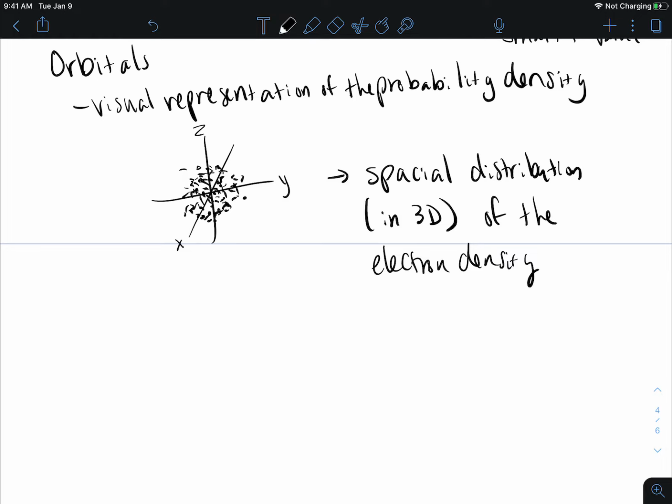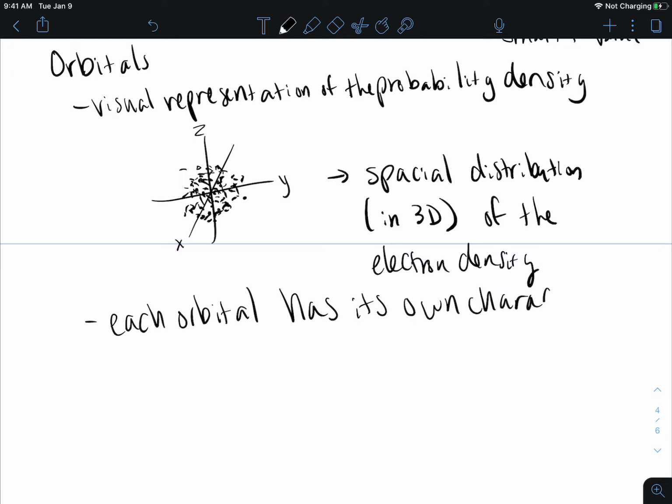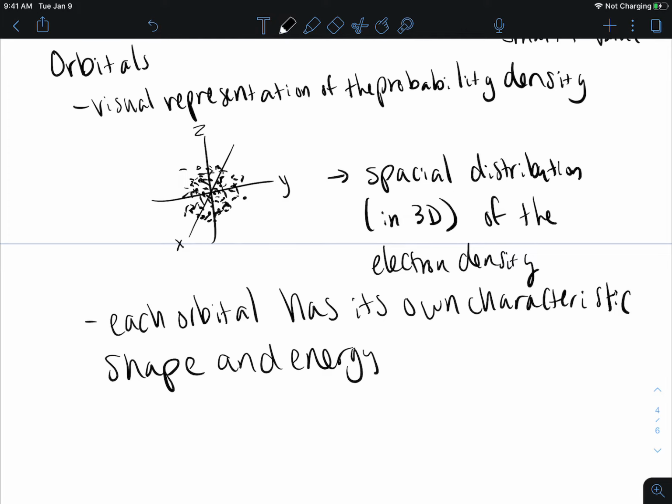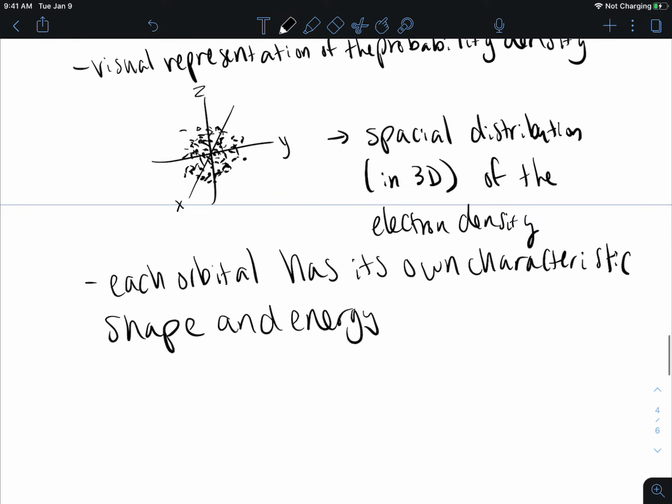Okay, so each orbital that we're going to look at has its own characteristic shape and energy. And orbitals themselves are described by quantum numbers.